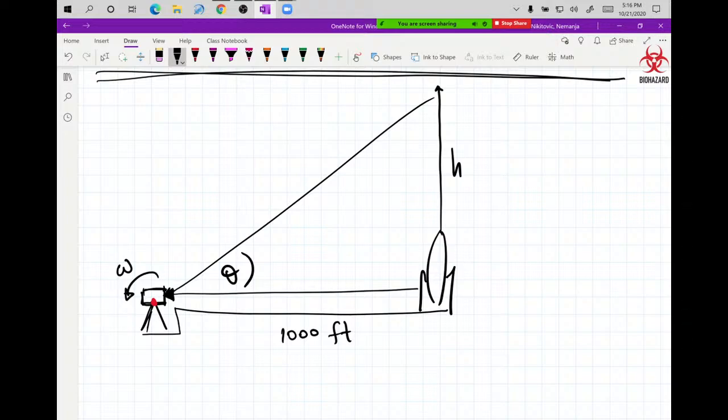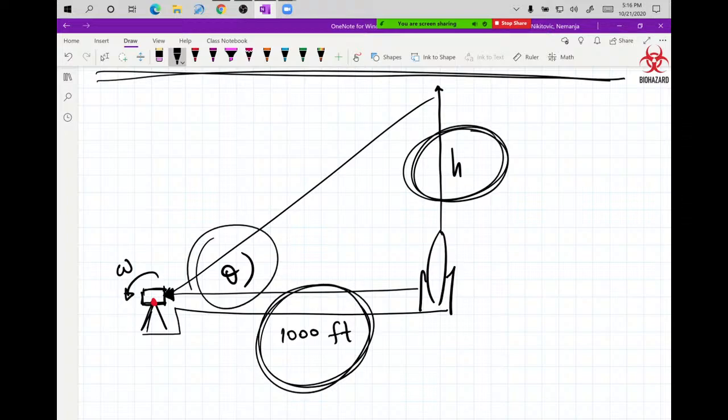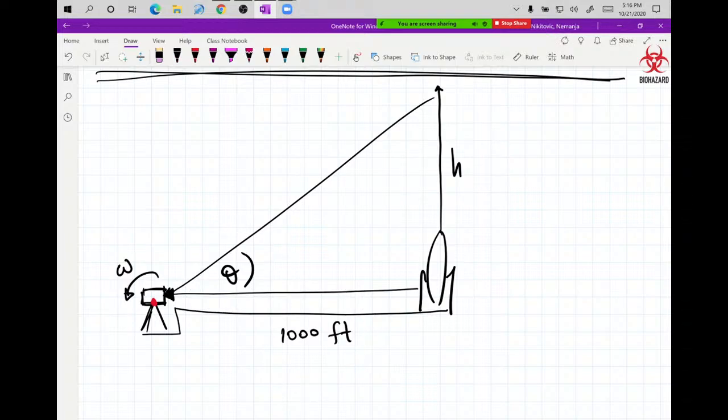So at this point in time, I have this length over here, this length over here, and this angle over here. You see that right triangle here? So what right triangle concept am I going to use to put all of these together?